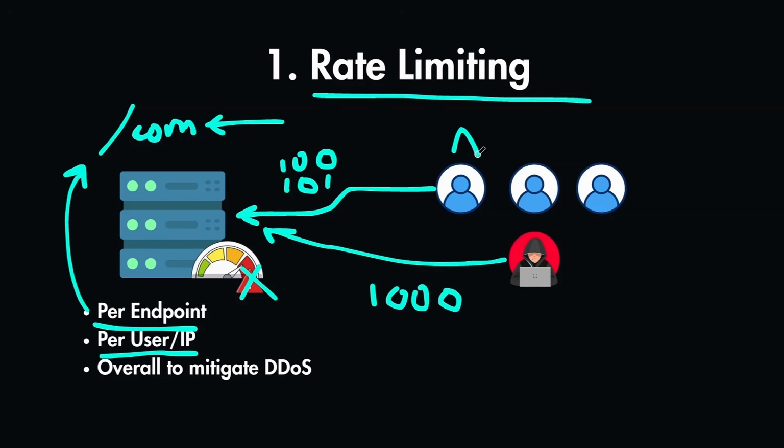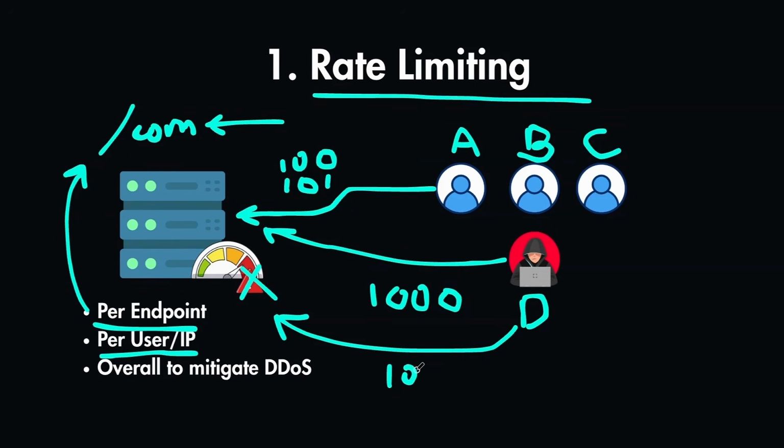Let's say A is the IP address of the first user, B the second, C this one, and your attacker has an IP address which corresponds to D. If you get the 101st request from the D IP address, then you will know that this user overused the API, so you will block it at the user IP level.